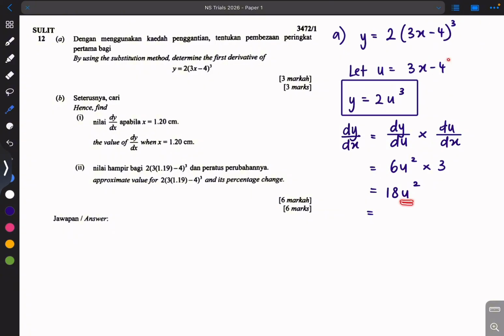We let u equals to this, right? So we have to put this back into the u. So 18 3x minus 4 square. This will be our dy dx. So we can write here dy dx is 18 3x minus 4 square. Done.